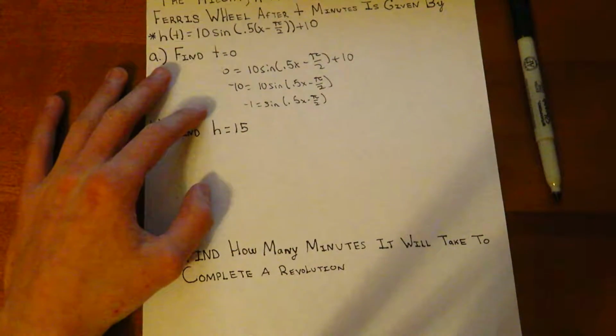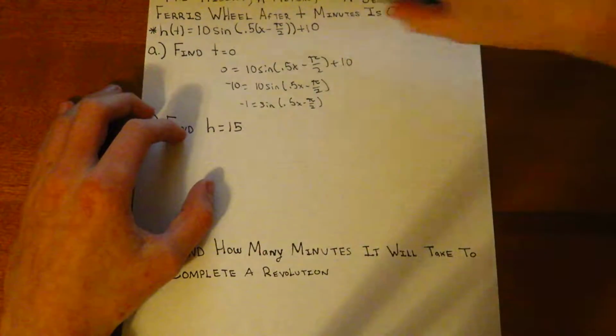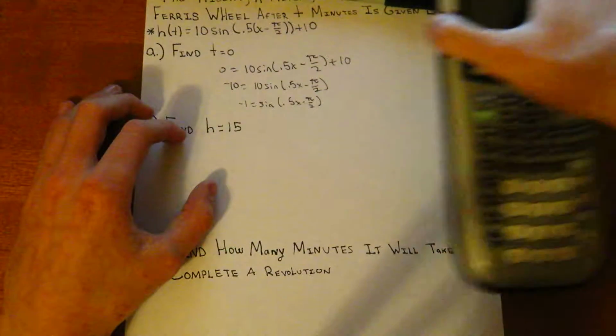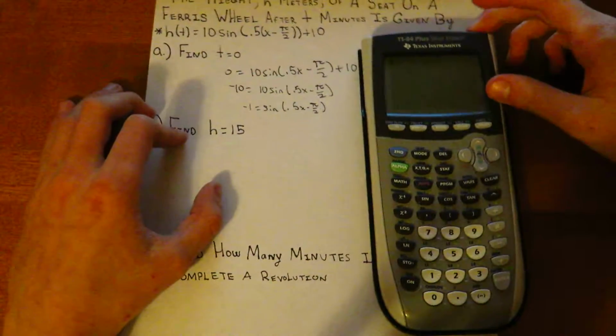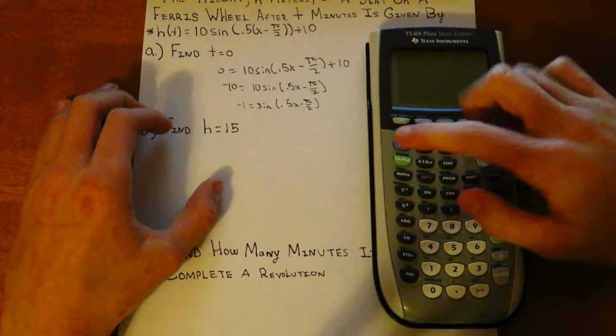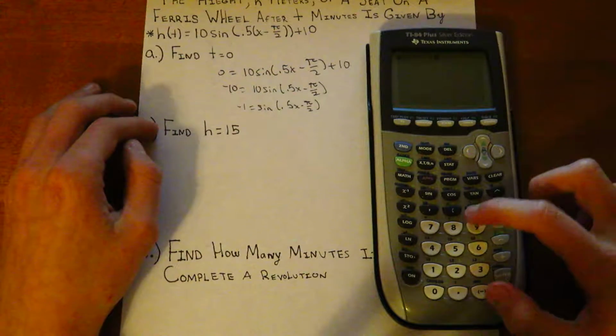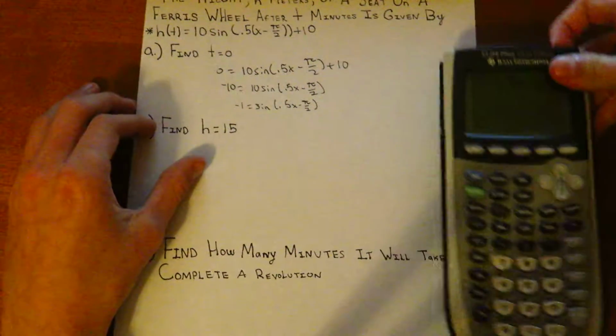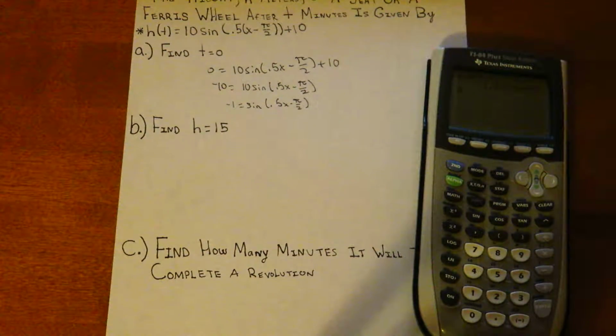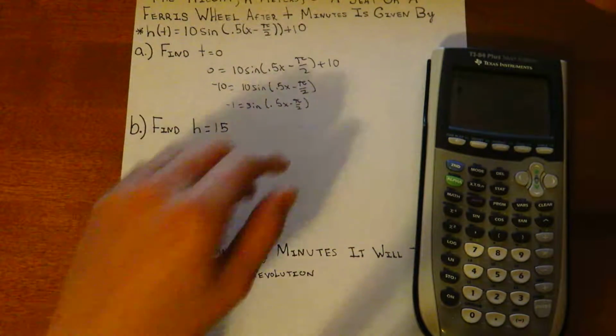And so this is when we need to use the calculator, because we do the inverse of sine of negative 1. So I'm going to plug that into the calculator. Inverse of sine of negative 1 will give us negative 1.57.